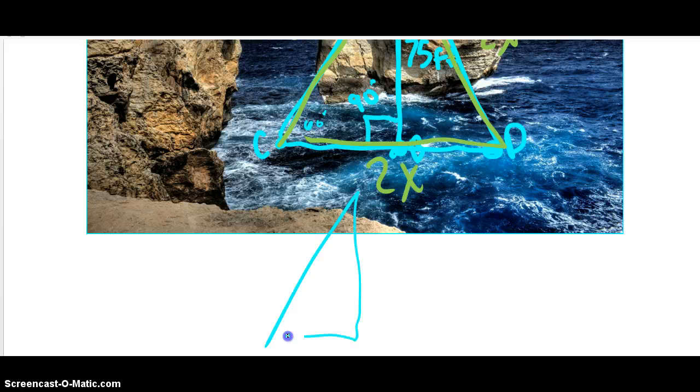We were given that the altitude line right here is 75 feet, and we were given that this is 30, this is 60, and this is 90.